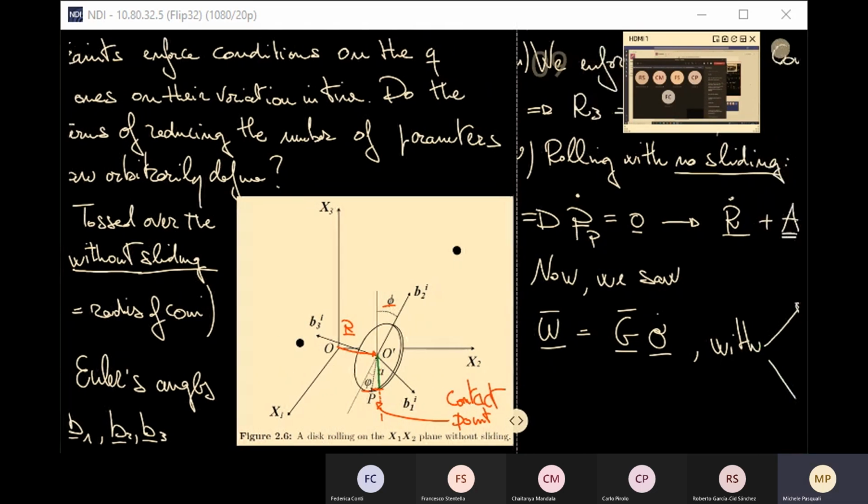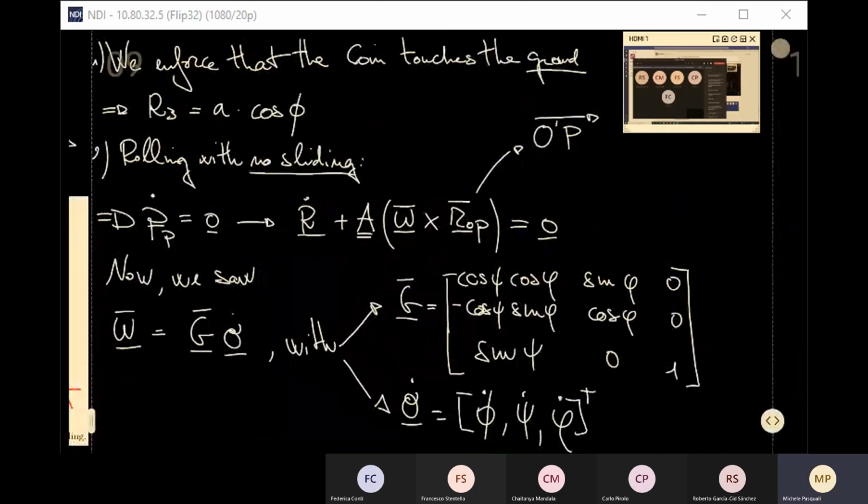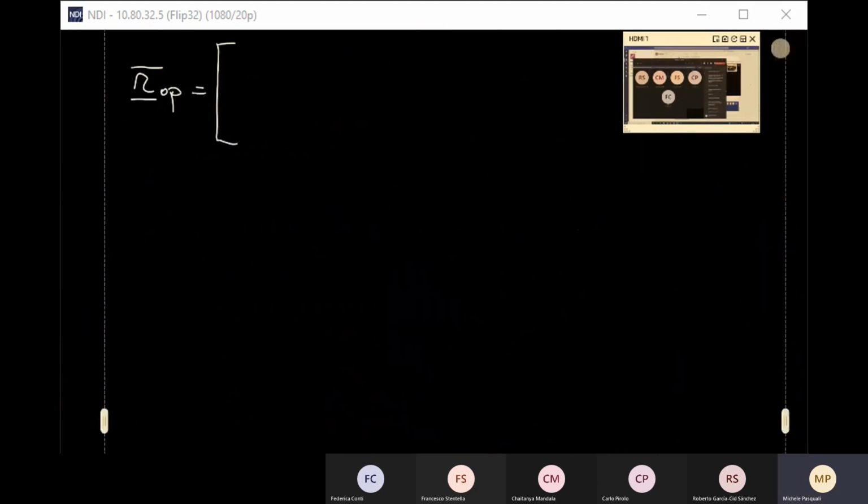Well, if you take that picture in your mind, that's minus a sinus of phi, minus a cosinus of bar phi, 0, right?